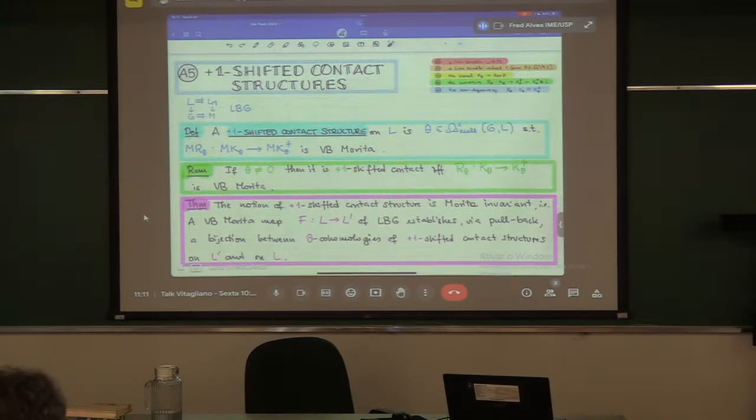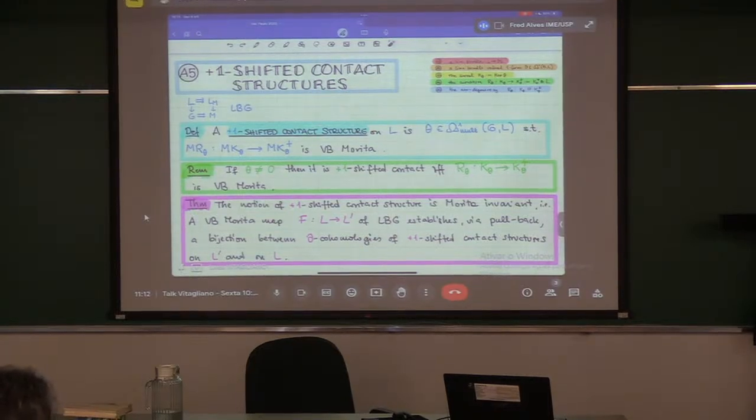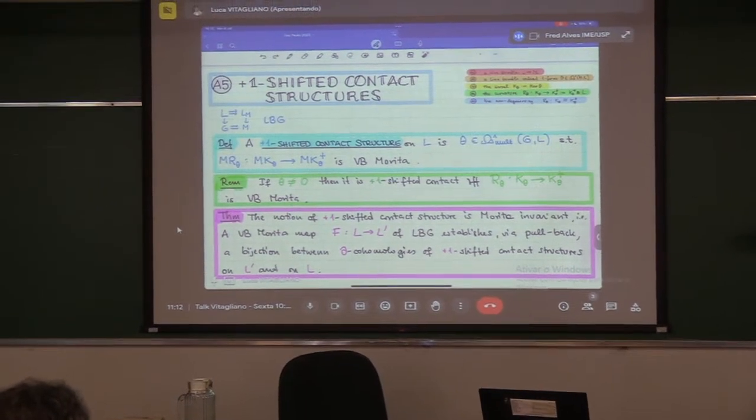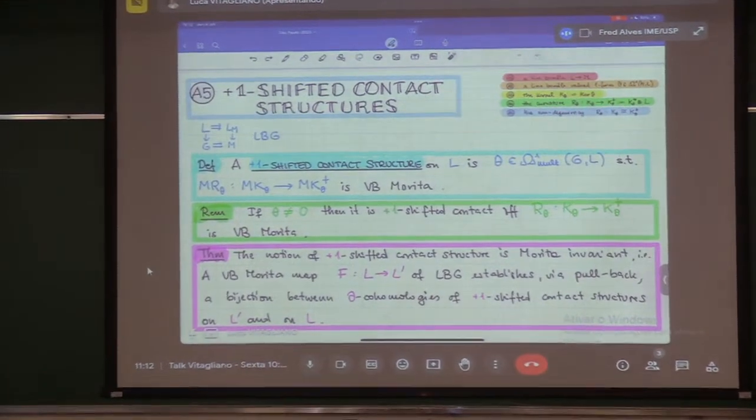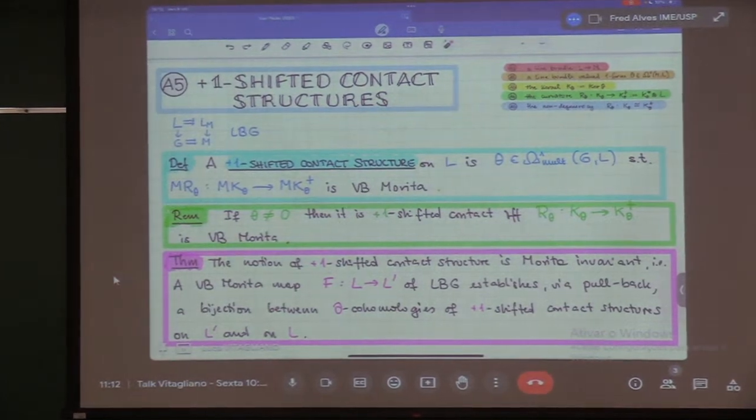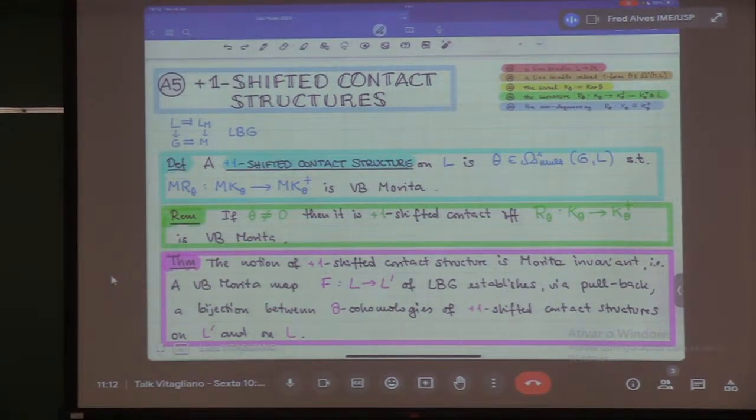Yeah. So I was just wondering if I understood, in this case, this line bundle L just comes from an ordinary representation, right? It's just the group acting. Right. And this VB Morita condition, you can also phrase as, I think you call this, the core-anchor sequences being quasi-isomorphic.